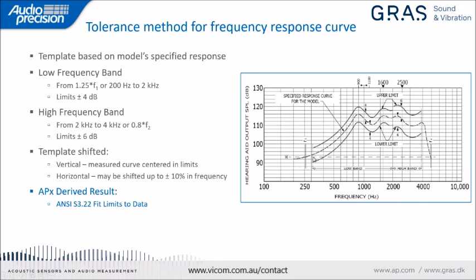So we have a lower frequency range here from 1.25 times F1, or 200 hertz, whichever is higher, up until 2 kilohertz, shown here. And then the upper frequency range is from 2 kilohertz to 0.8 times F2, or 4 kilohertz, whichever is lower. So in the upper frequency range, the limits are plus or minus 6 dB, as shown here, and in the lower range, they're plus or minus 4 dB.